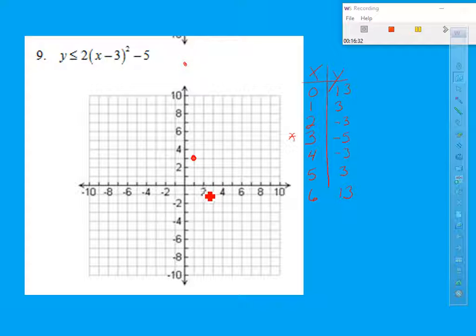I've got 2, negative 3. 3, negative 5. 4, negative 3. 5, 3. And then I would have 6, 13, which would be way up there. So I know this parabola is solid because it's or equal to, and will look like this.